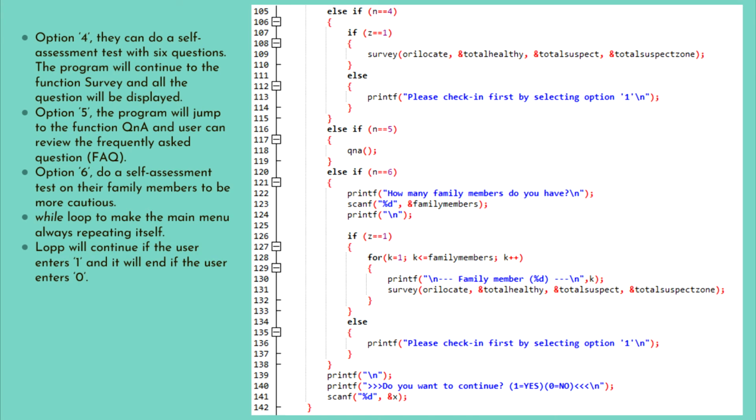If the user enters option 6, they can also do a self-assessment test on their family members to be more cautious. There is a while loop to make the main menu always repeat itself after users are done with their options. The loop will continue if the user enters 1 and it will end if the user enters 0.